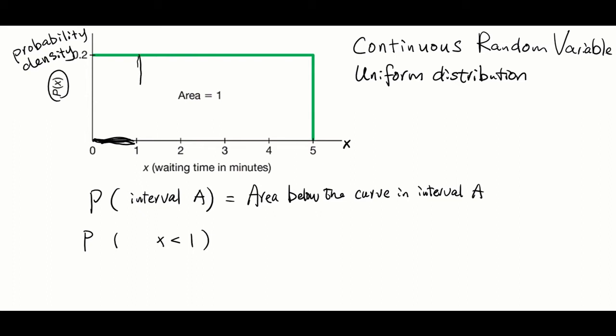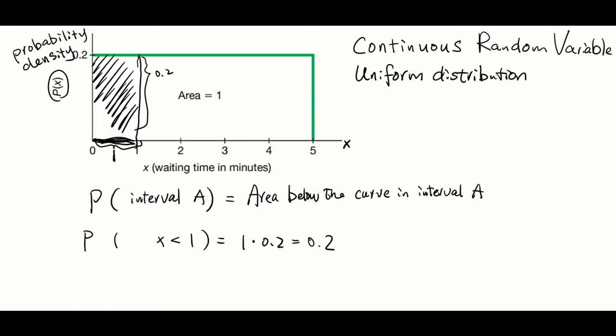So the probability of getting a wait time between 0 and 1 is this area. How do we find the area of a rectangle? Width times length. Here the width is 1 and the length is 0.2, so 1 times 0.2 is 0.2. The probability of a passenger having a wait time less than 1 minute is 0.2.